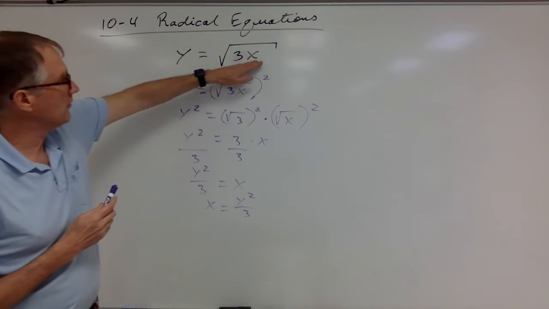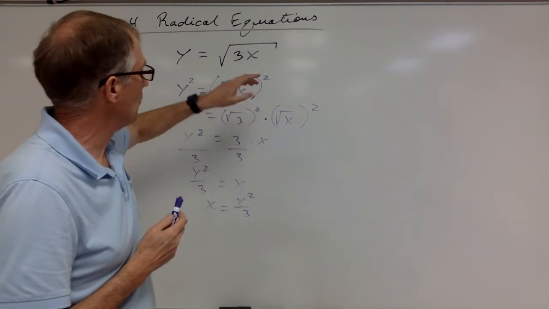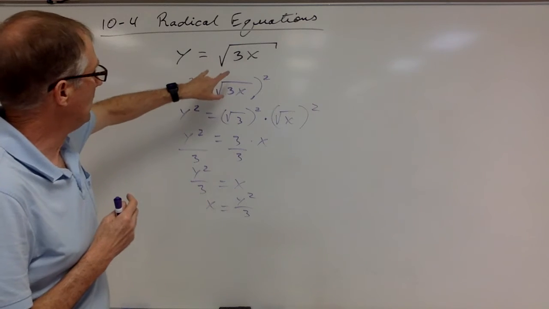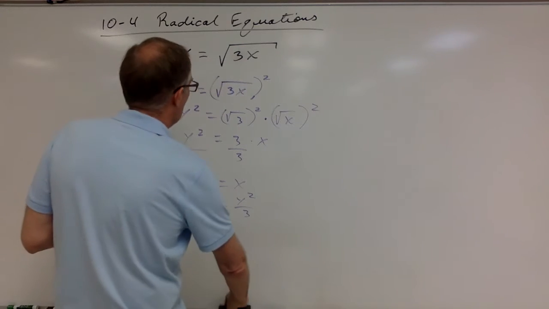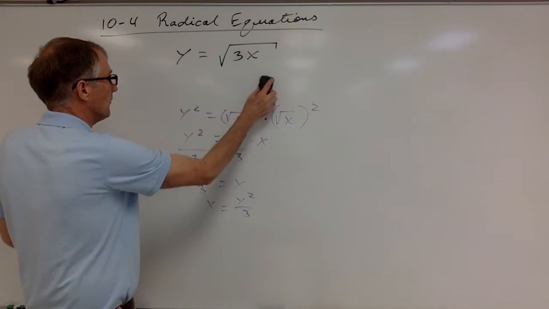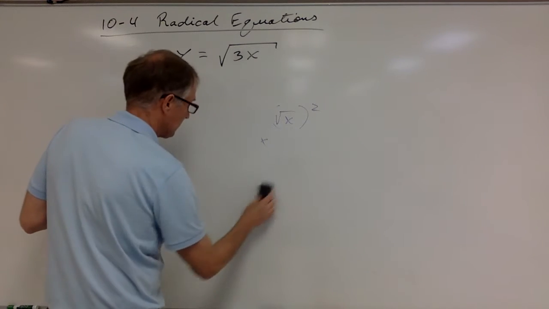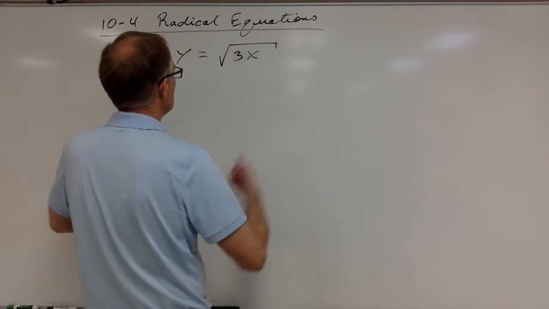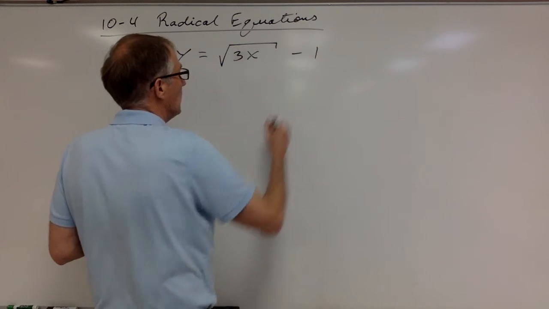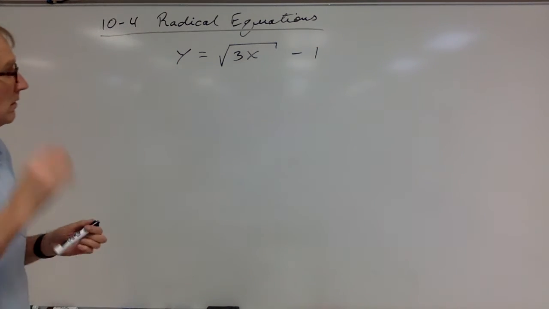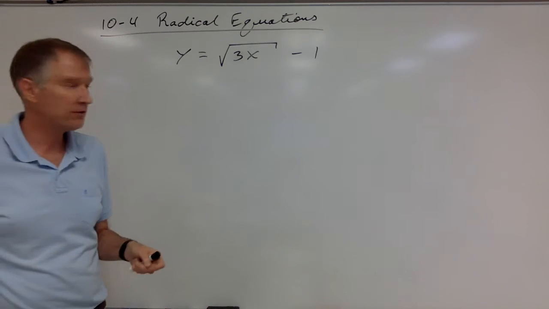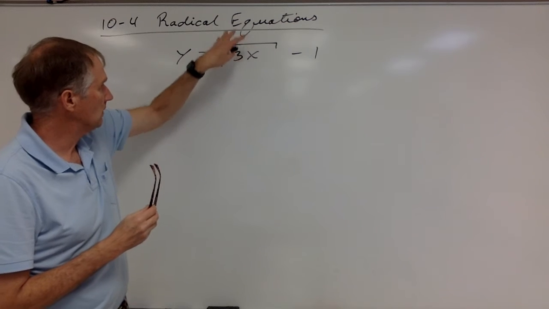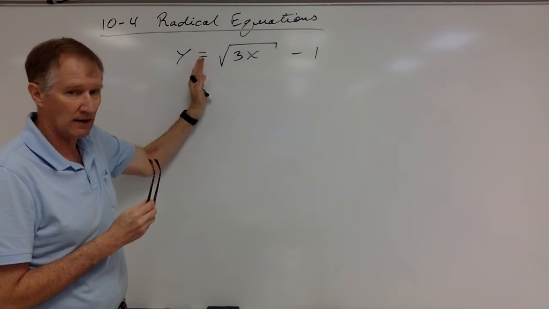So when you want to solve for a variable that's under the radical, first off, you have to get the radical all by itself. What I mean by that is if I had given you y equals the square root of 3x minus 1, before you can square both sides, you have to get the radical all by itself on one side of the equal sign.